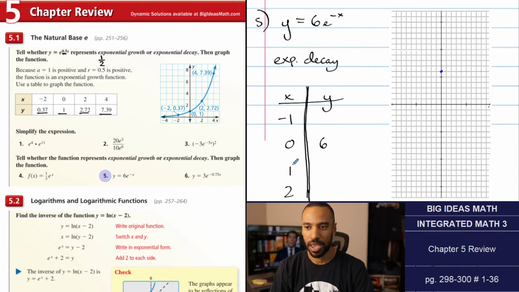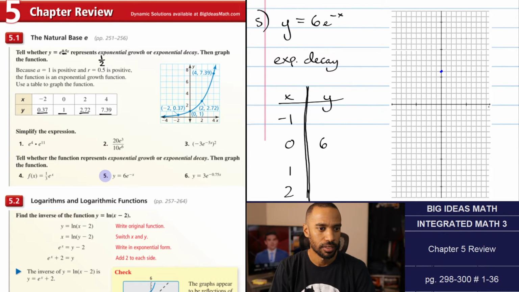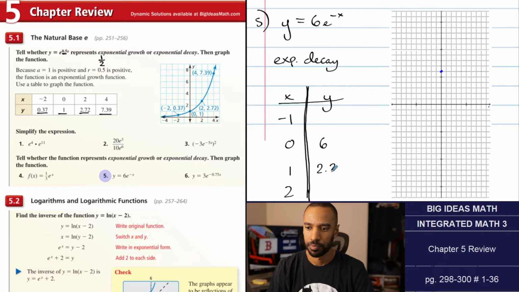When I divide 6 by e, because that's 6e to the negative first power, I'm going to do that in my calculator right now. 6 divided by e. 6 divided by 2.7 is around 2.2. So let's use 2.2. And that number divided by another e, divided by e squared, gets me 0.81.